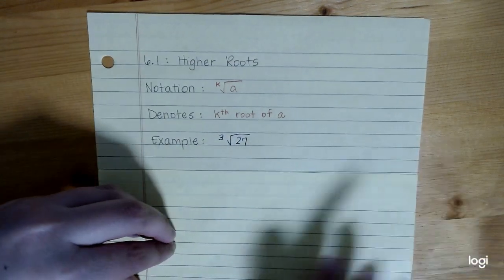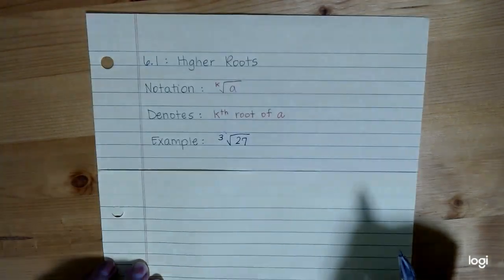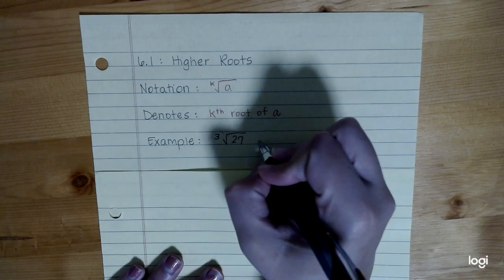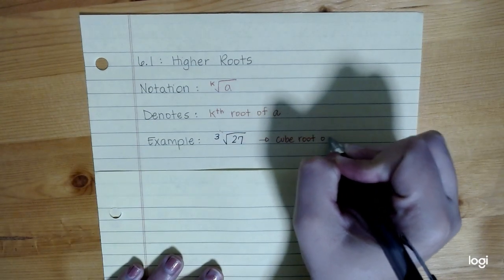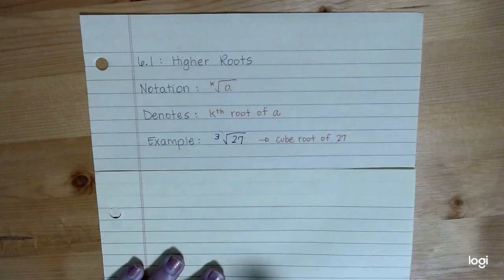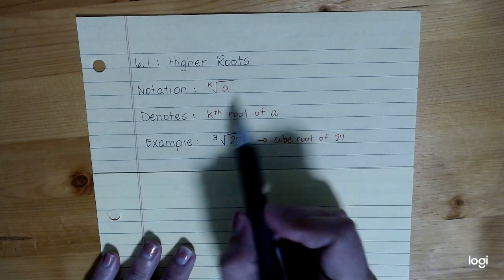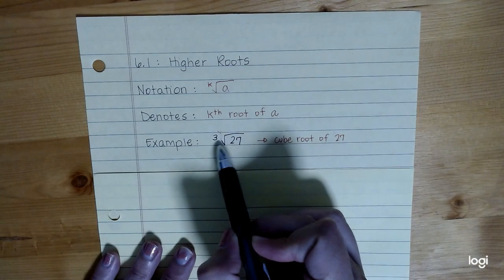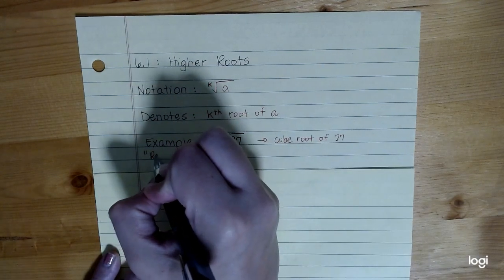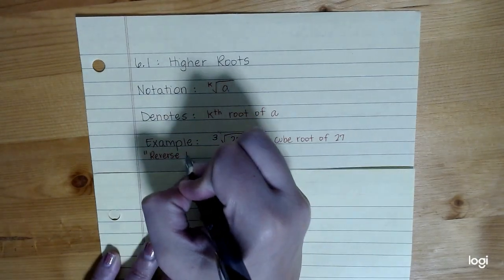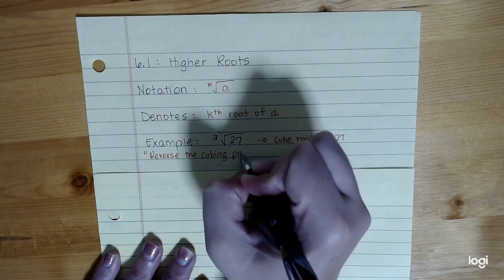we call this the cube root, right? So there's a third root there. We call that the cube root of 27. And what we're looking for here, we are not reversing a squaring process. We're trying to reverse the cubing process, right?